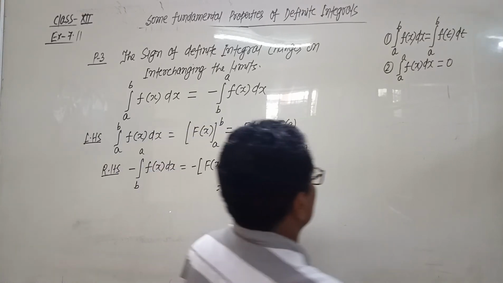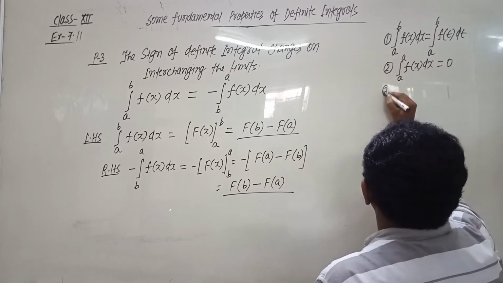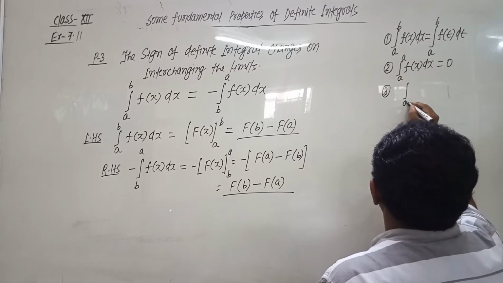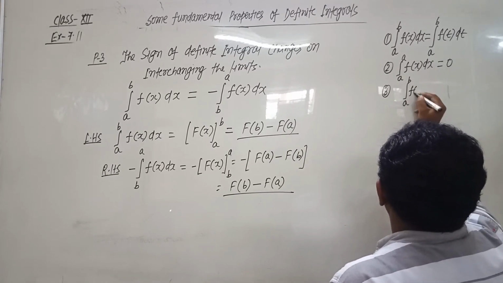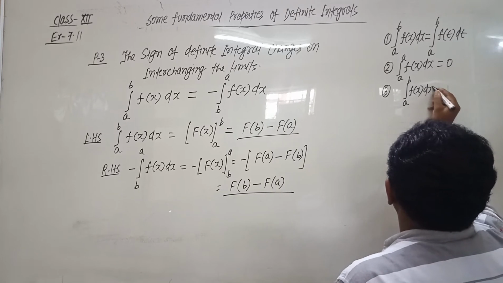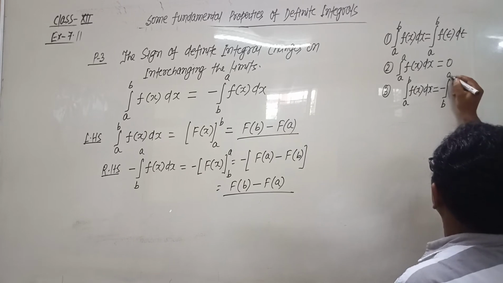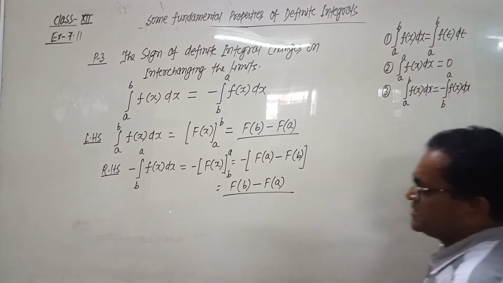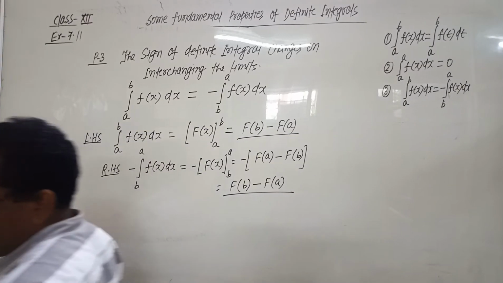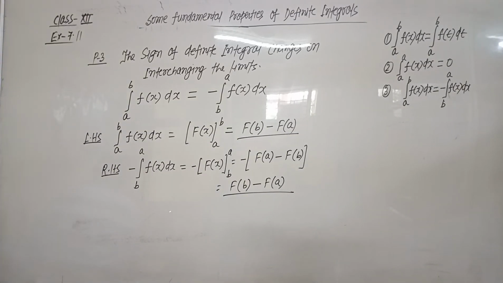So this becomes the third property, that integration a to b f x dx equals minus integral b to a f x dx. If we interchange the limit, then the sign of the integral gets changed. This is the third property.